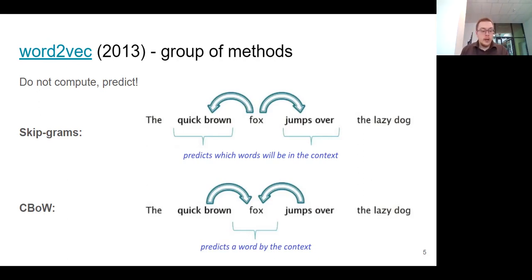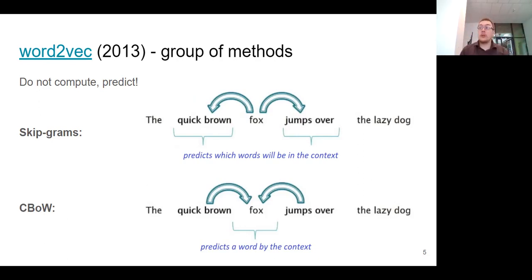So having the word fox, we more often in practice will see quick, brown, jump, over, and less frequently, for example, we will see the word dinosaur or coffee or, I don't know, singular value decomposition. They usually don't appear together in the context. So this is a natural application of the distributional hypothesis. The context and the word connection.